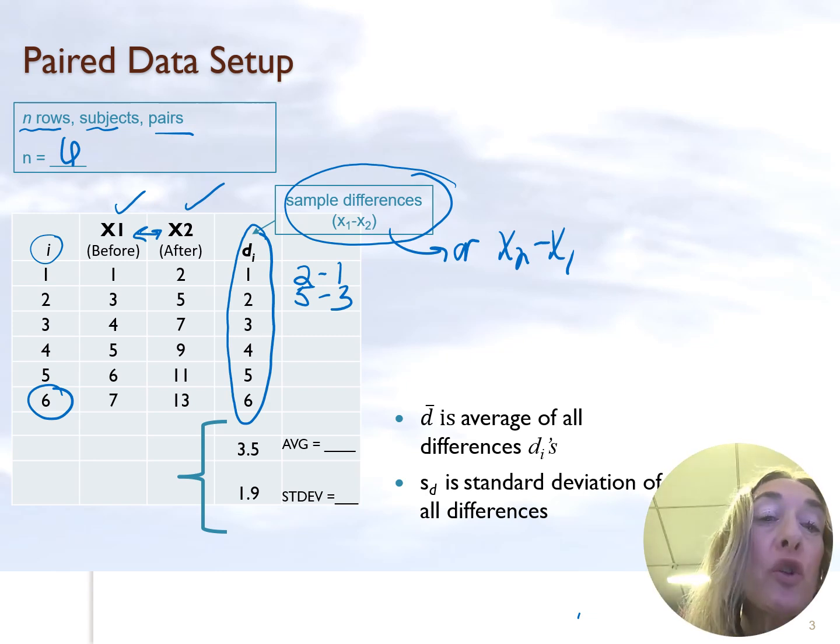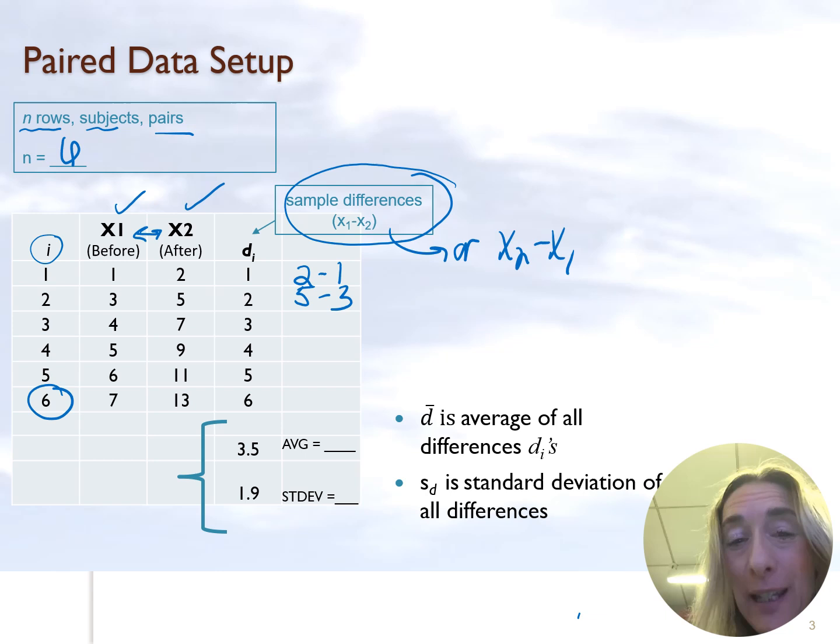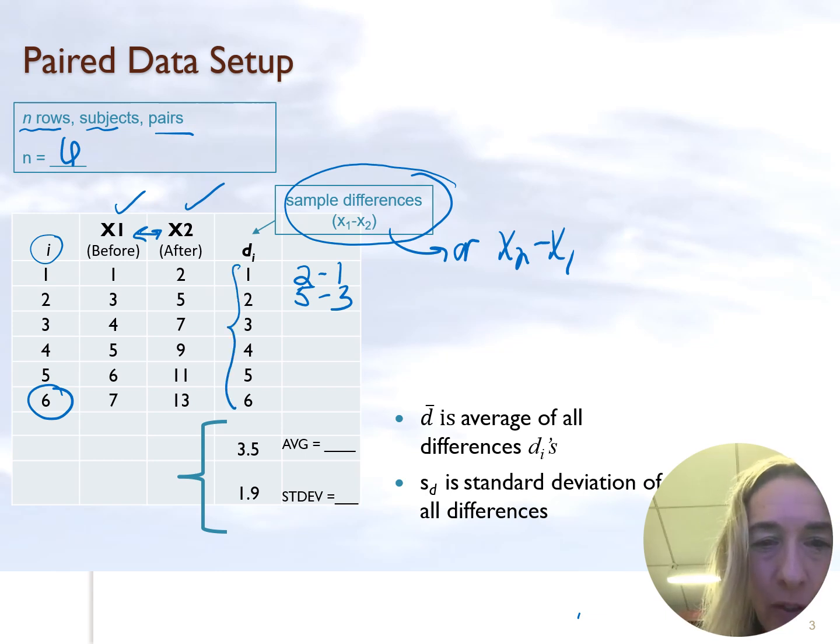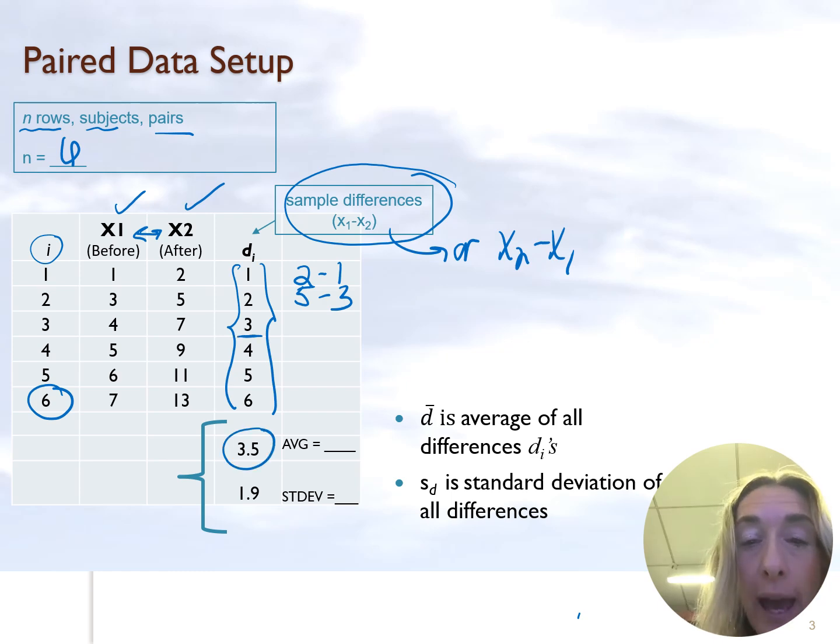So what you do next with these differences is that you average them. It just so happens that these differences are equal to 1, 2, 3, 4, 5, 6. If you were to take the average of those 6 numbers, you would calculate 3.5, which you can see is right in the middle there. We call that average d bar. d bar is considered the average across all your individual differences in that table.